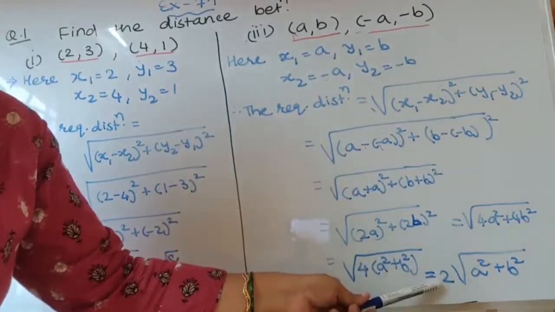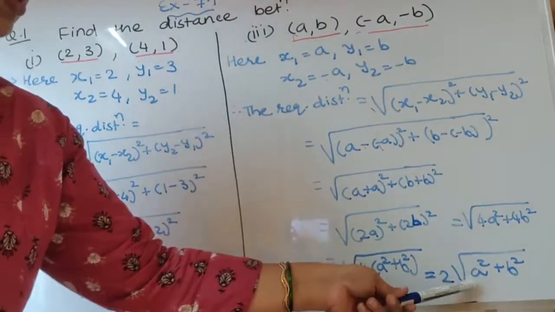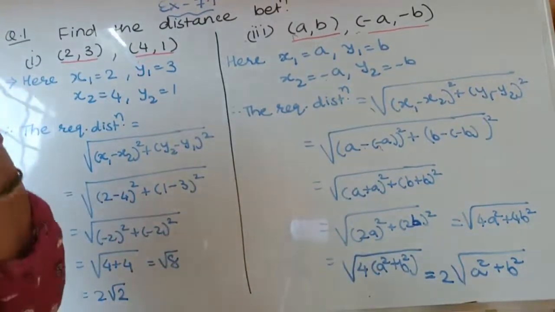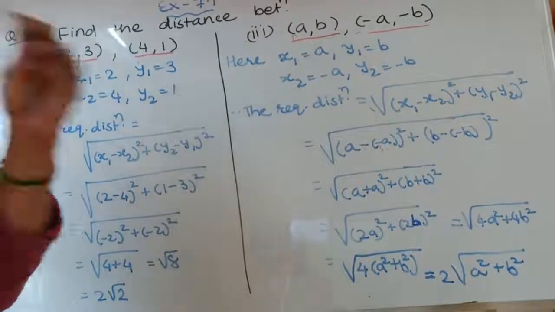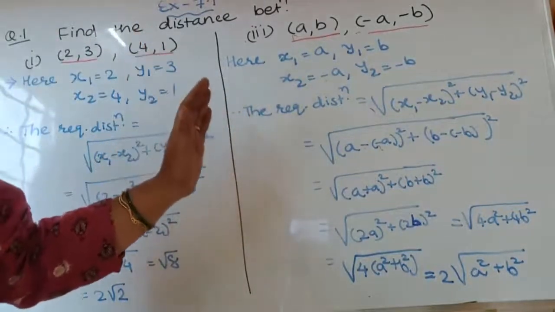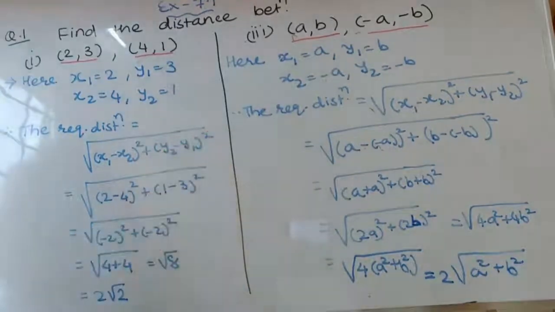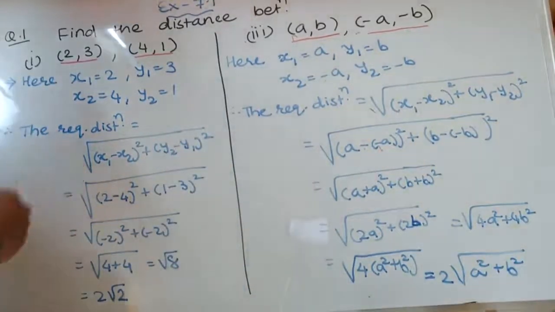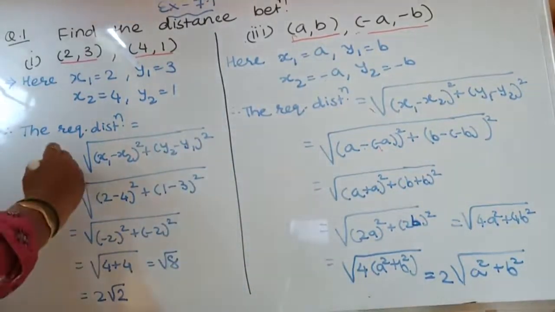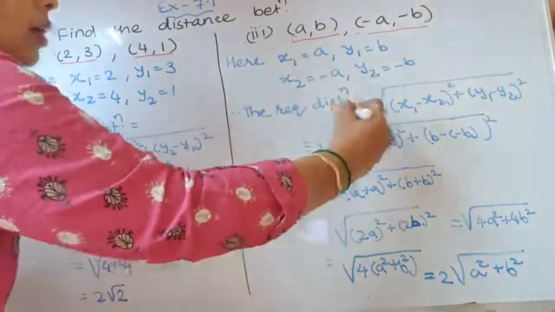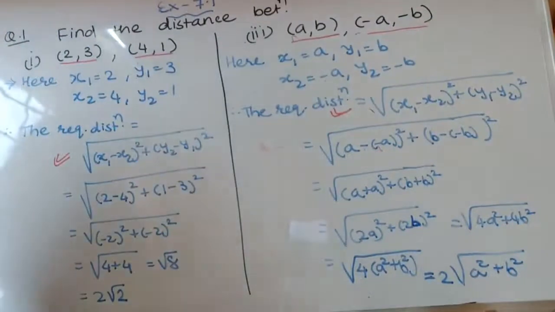So the final answer is 2 into the root of a square plus b square. Isn't it easy? You can do distance formula sums this way, but the main thing is that you must remember the formula. In each and every chapter, the formula is very important.